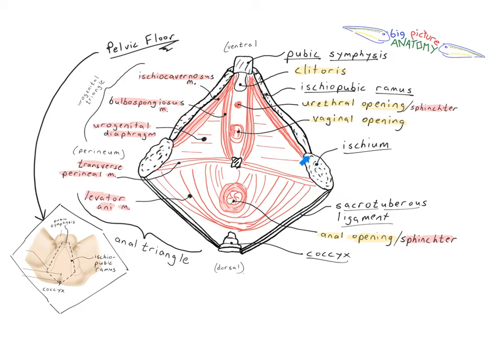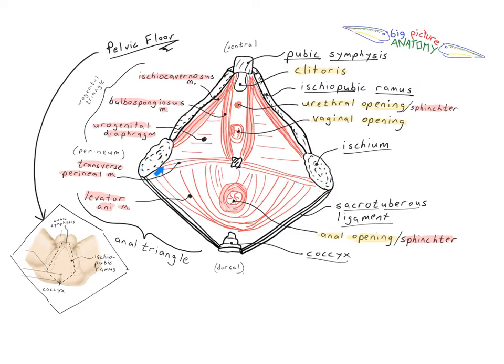That's the bony part of your buttocks that you're sitting on either side. And then what's called the sacrotuberous ligament, extending back to the coccyx or the very last vertebra of your vertebral column.